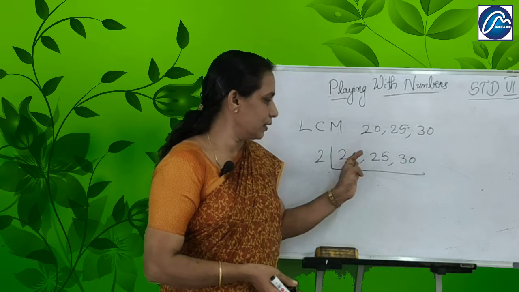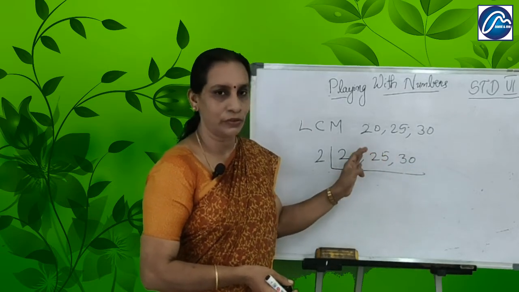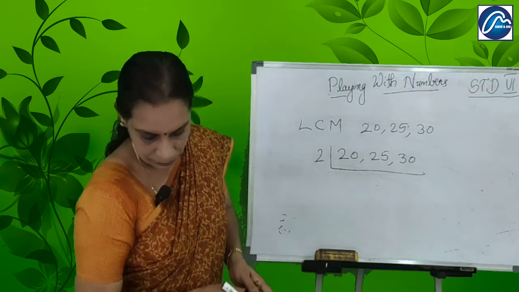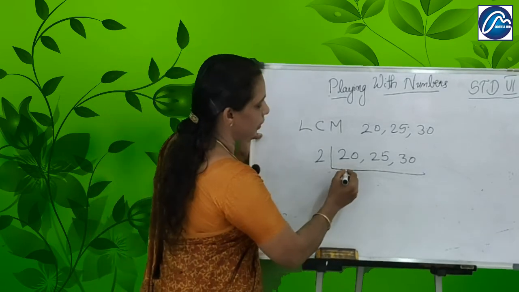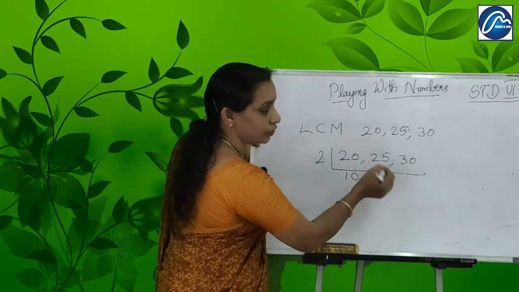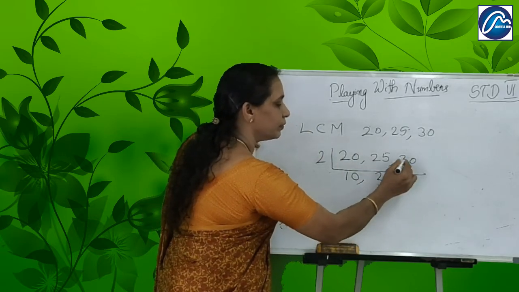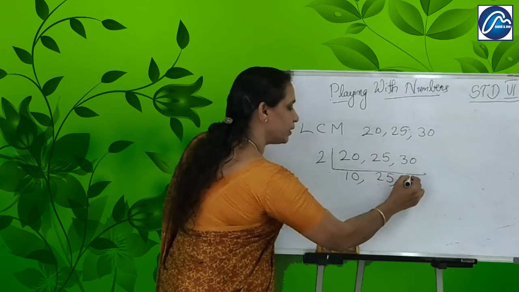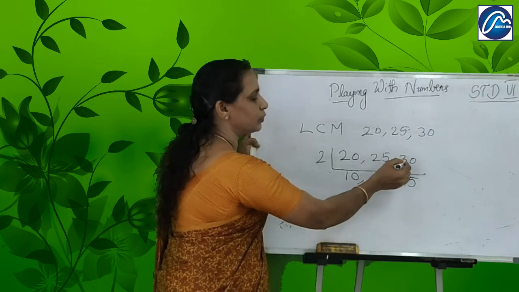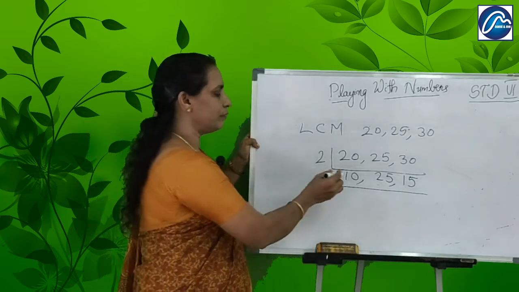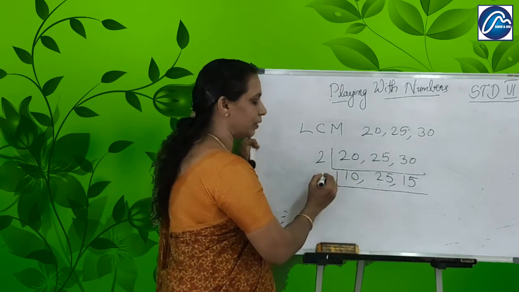If there are two numbers which are divisible by 2, you can divide the first with 2. So, 10 2's are 20, 25 we are writing still like that, and half of 30 is 15. Now again we can divide 10 by 2.